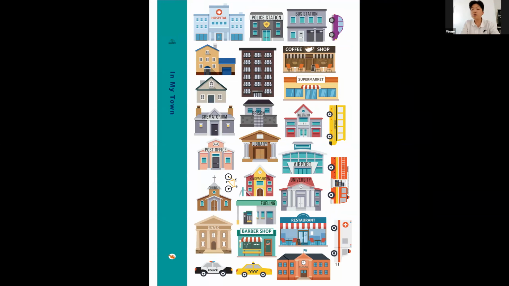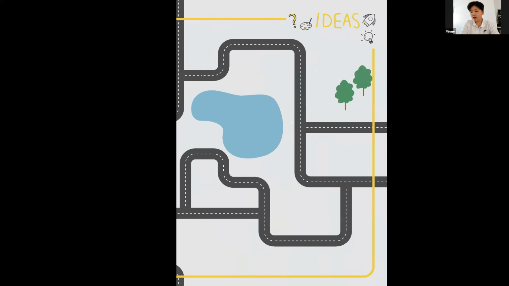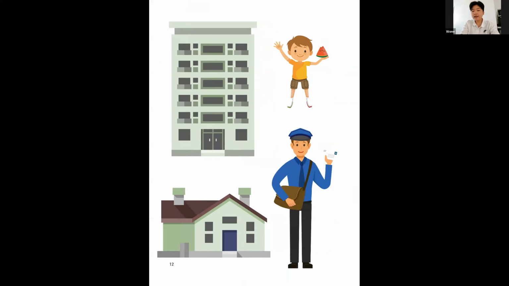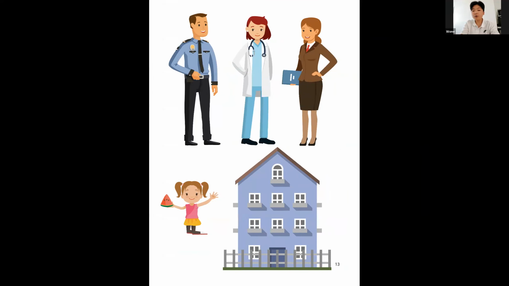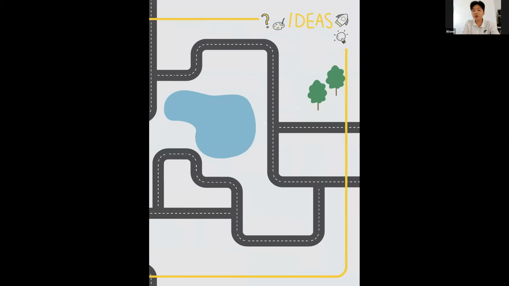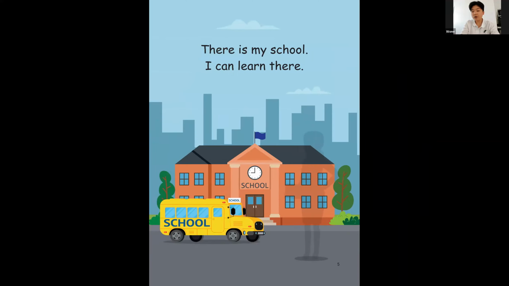You don't have to use everything. There's a kindergarten, a fueling station, and school. Here are some cars: taxi cab, school bus, bicycle, fire truck, ambulance, police car, just a car. You're going to cut these out and decorate your town. And you're also going to cut these out and glue them onto the pages of our story here.